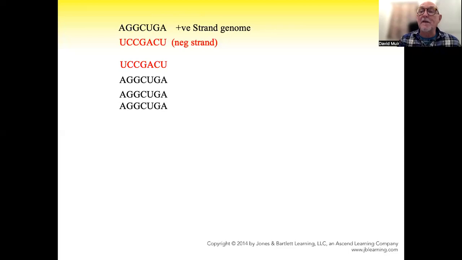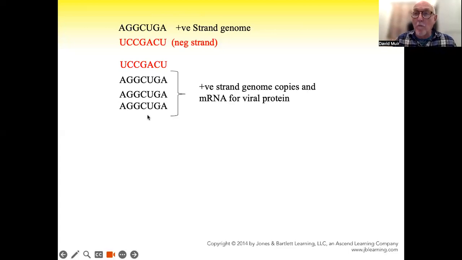The first is that they can function as messenger RNA, and they are translated to produce all of the viral proteins. But the second major function, of course, is that we produce lots of copies of this to act as the genome. Once the viral proteins are complete and mature and package themselves together into the capsids, then copies of the positive strand are packaged as the genome. So it has two functions.